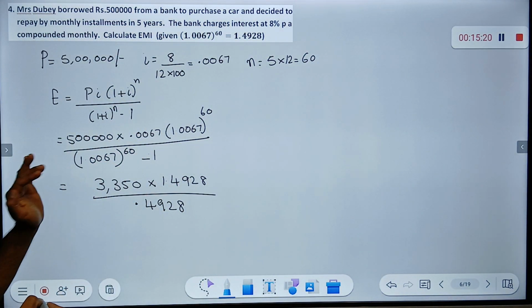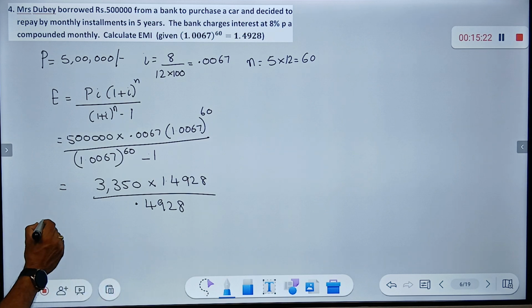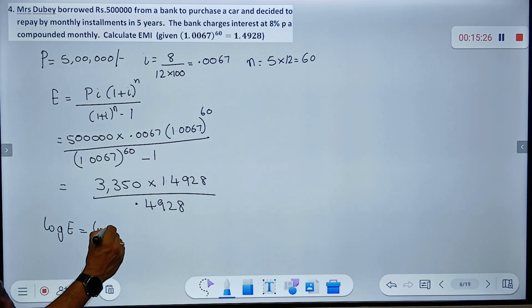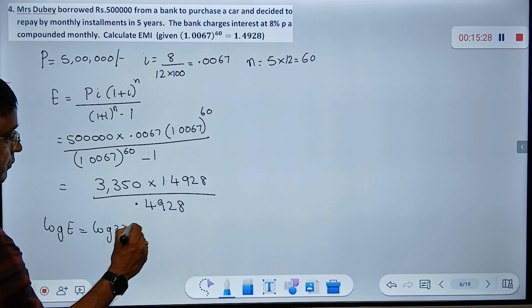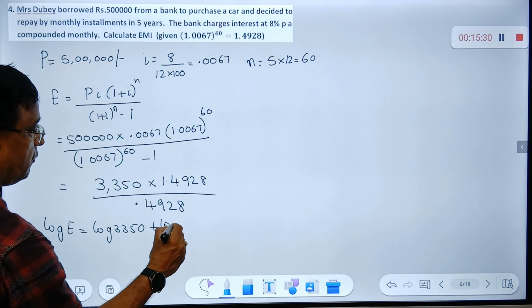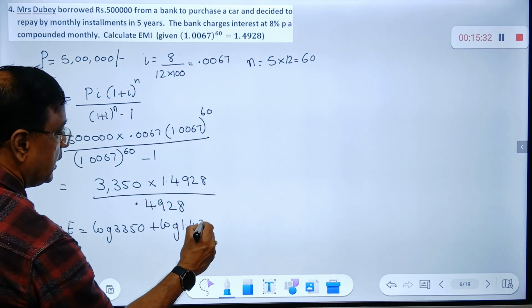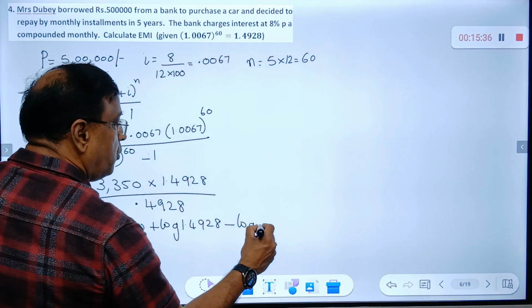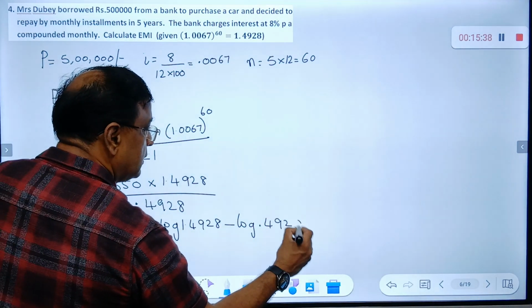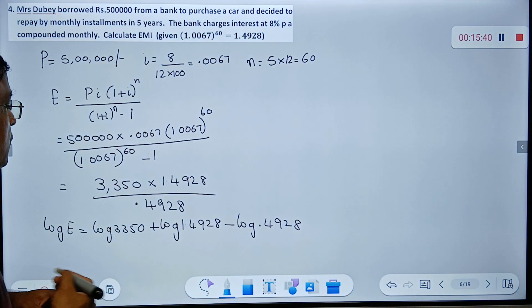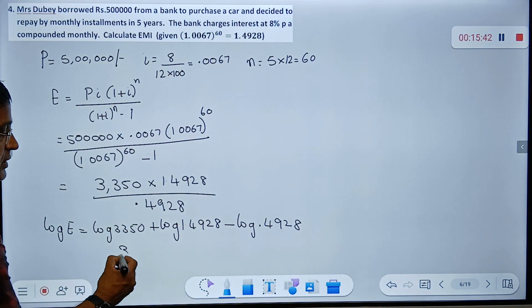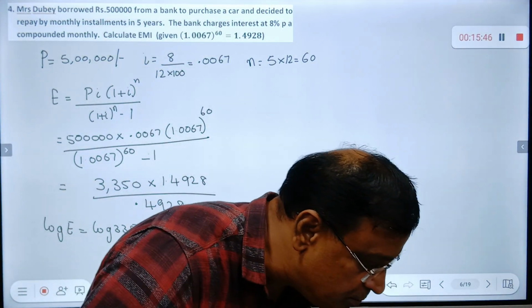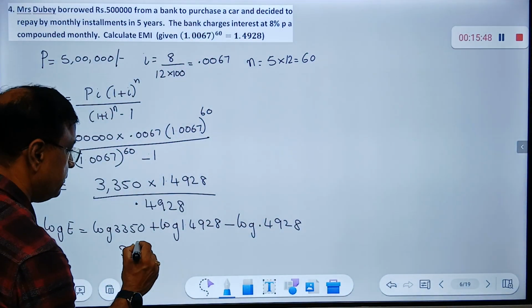I will take log directly. So log of E equal to log of 3350 plus log of 1.4928 minus log of 0.4928. Now it's a 4-digit number, so the characteristic is 3, and log of 3350 happens to be 3.5250.